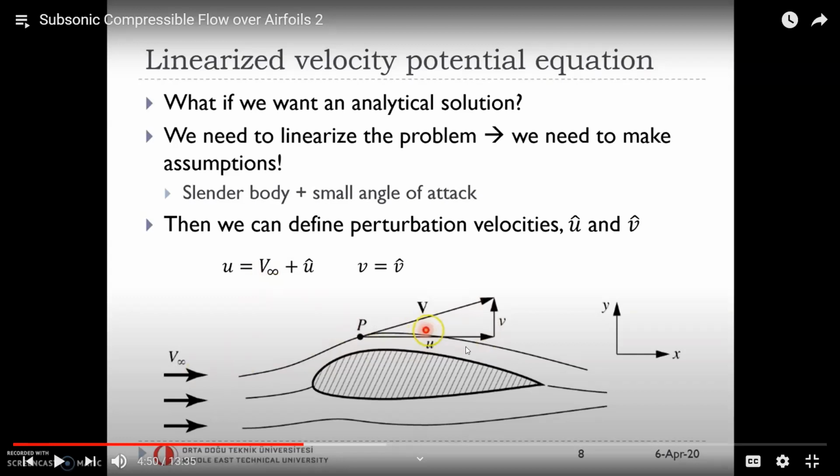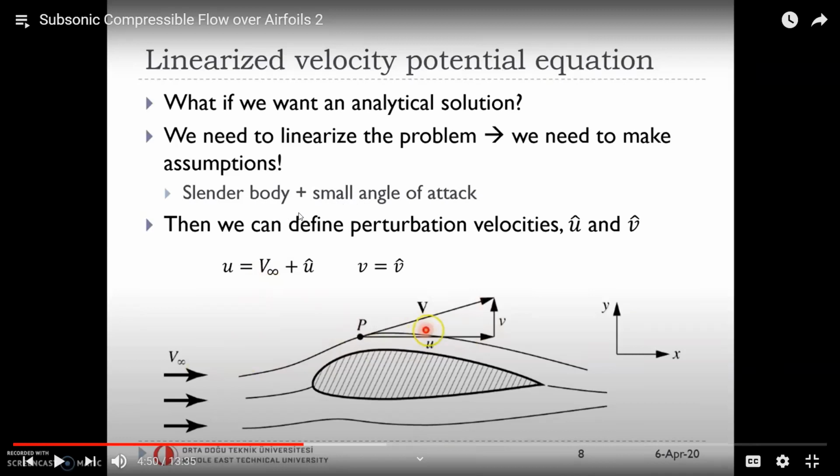The thing is, if these disturbances are small enough, which can only be generated if this solid body that is the cause of these disturbances is a thin airfoil, and when we say slender body here, we mean basically a thin airfoil, and the flow is operating at a small angle of attack.